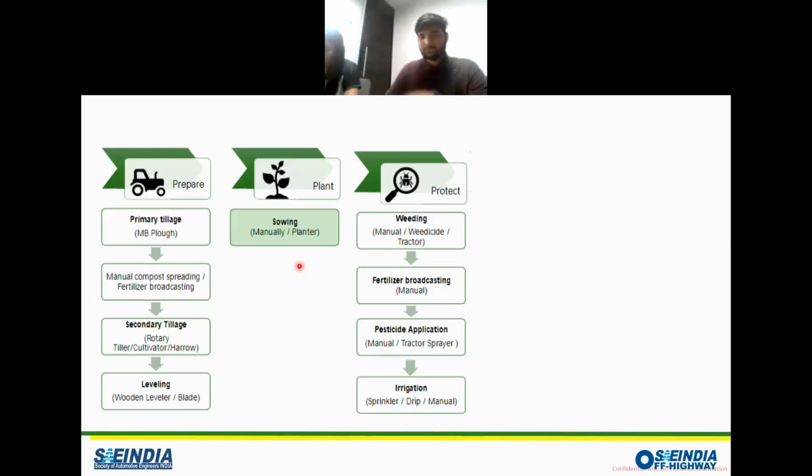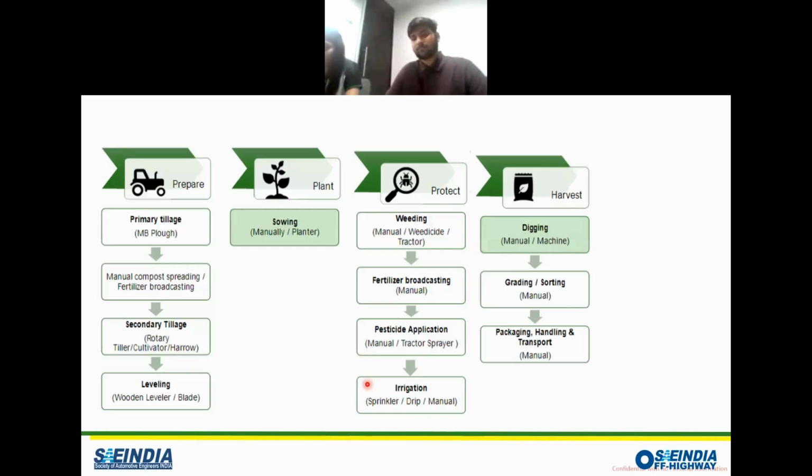Then the fertilizer broadcasting mostly we do manually. For pesticide application, we can do it manually or by tractor spraying. For irrigation, we can use sprinkler, drip, or manual. After this stage, once the plant grows and we do the harvesting, we do the digging, which is also mostly done manually.